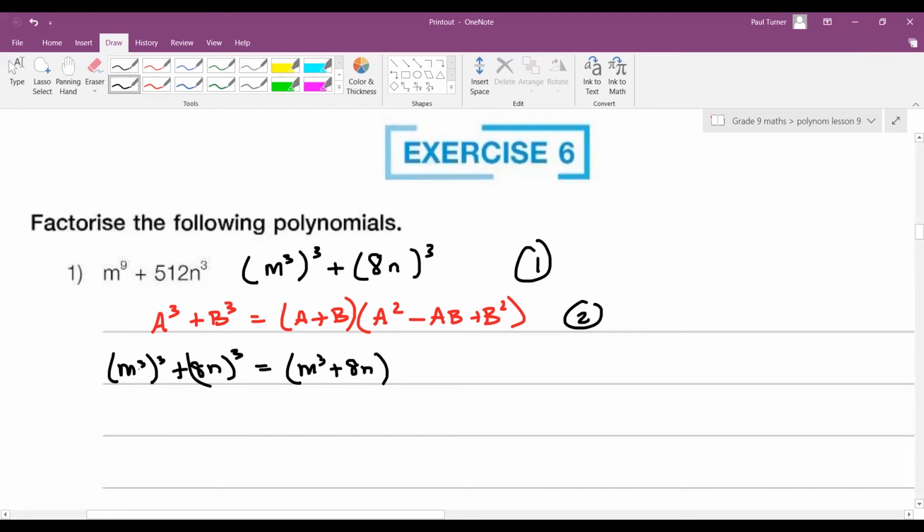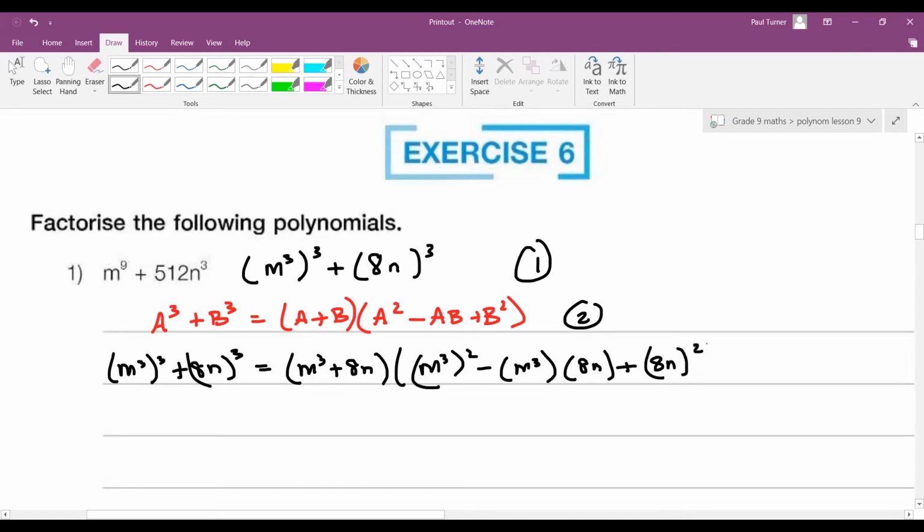So now you're squaring m cubed. So I'll write the whole working. m cubed squared minus ab, m cubed 8n plus 8n squared.